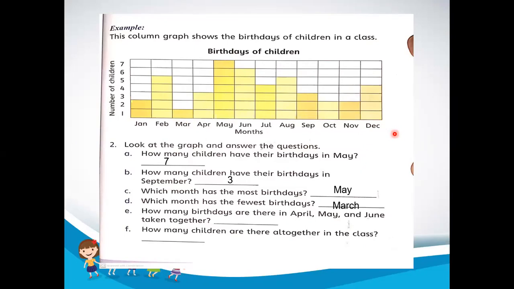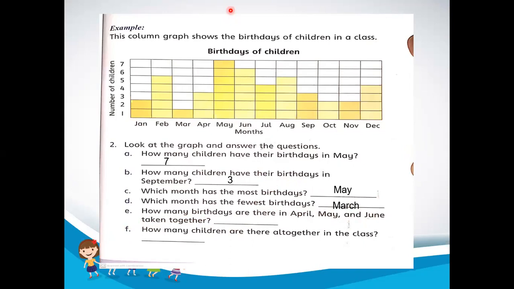Now tell me, how many birthdays are there in April, May and June taken together? What will we do here? Which operation will we do, beta?